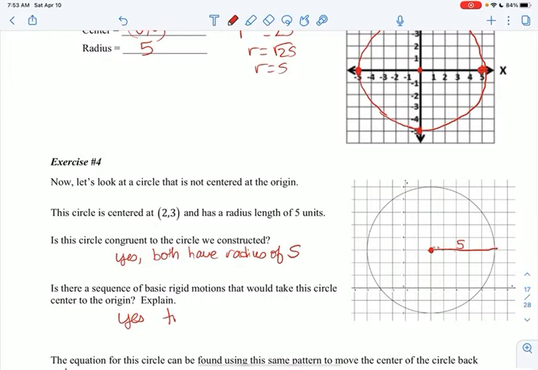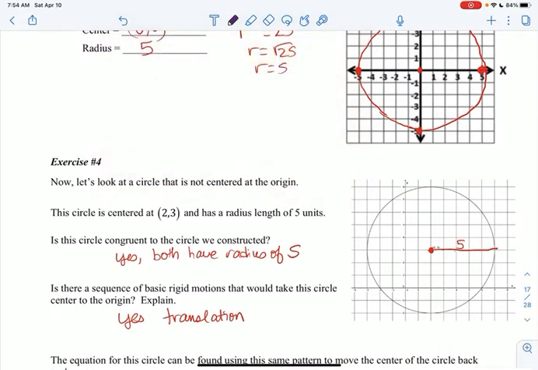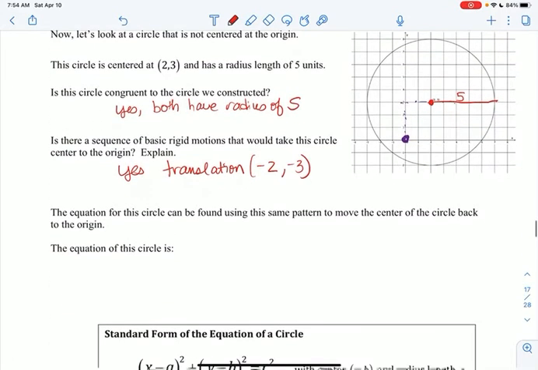So a translation, and I would have to shift it over 2 and down 3. And that would bring that point back down to the origin. So a translation of -2, -3 would shift that back to the origin.